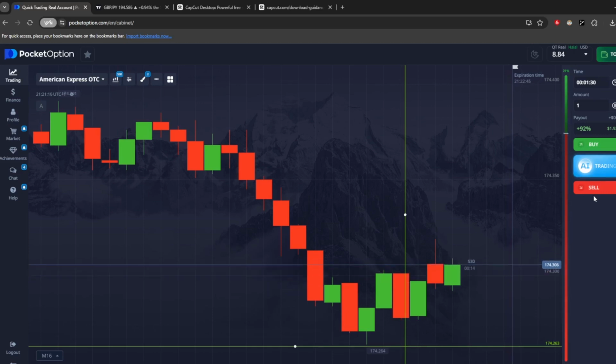so this is candle number three. Okay, so this is candle number 4.